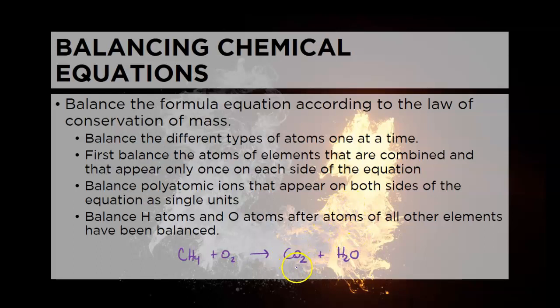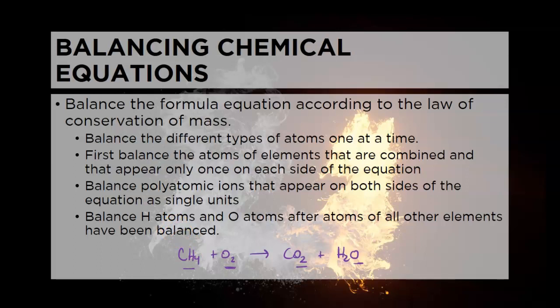It's not going to be a good idea to look at oxygen first, because oxygen appears in multiple compounds. Really, we want to try to balance something else. Another reason oxygen isn't good is because it appears by itself. It's helpful if you try to balance things that are in another compound first. So things like carbon.